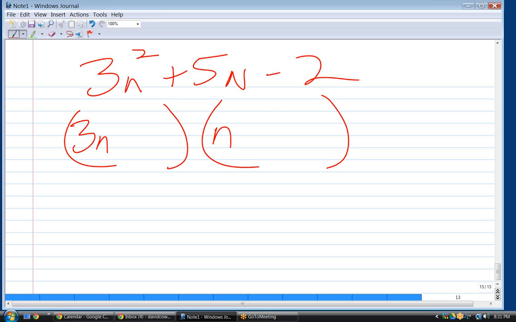Okay. That's the only choice. There's no other factors of 3. And incidentally, this is never an option. You don't ever want to break it up like that. Even though 3n squared times 1 is 3n squared, you always want to break apart the variable.